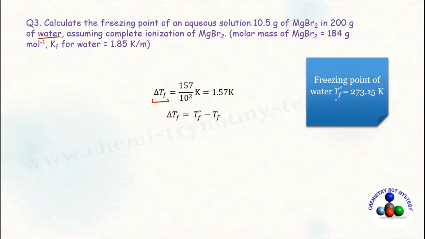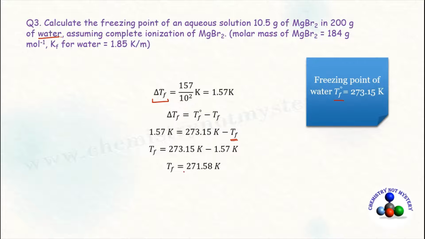So when you place the value of TF naught, you will get 1.57 Kelvin is equal to 273.15 Kelvin minus TF. When you rearrange this equation to get the value of TF, you will get TF is equal to 273.15 Kelvin minus 1.57 Kelvin. When you subtract these values, you will get TF is equal to 271.58 Kelvin. And this is the answer for our question.